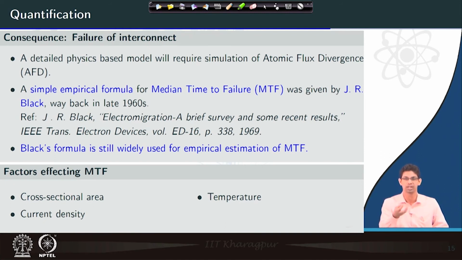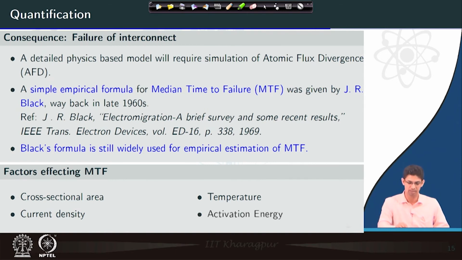We can intuitively guess that if the temperature is more, there would be oscillations in your lattice, and then it will be easier to knock out an ion from its lattice position. So temperature should be a factor.